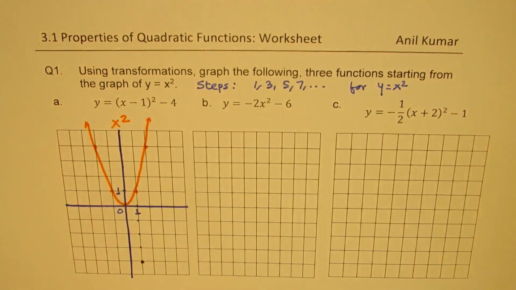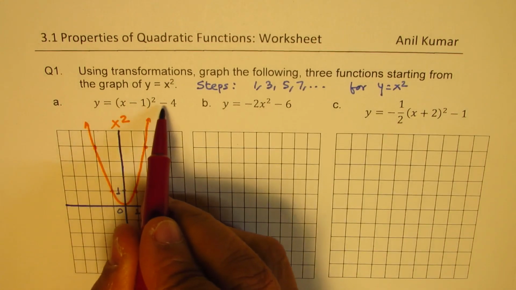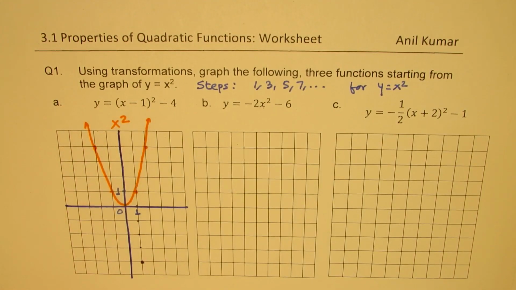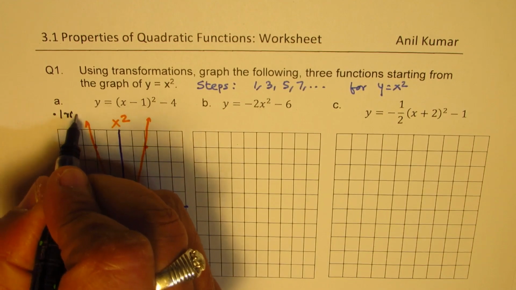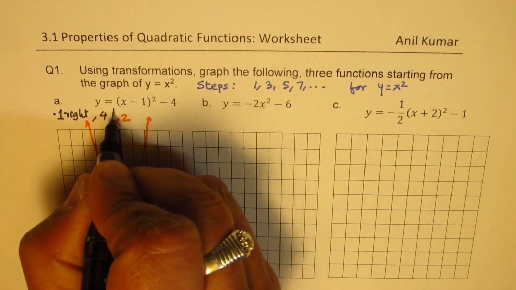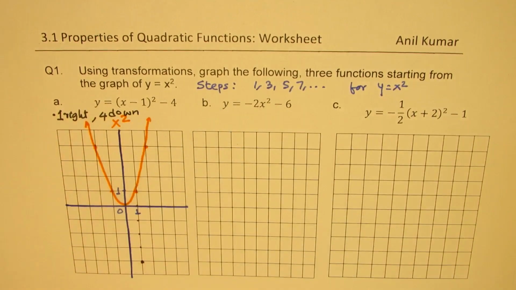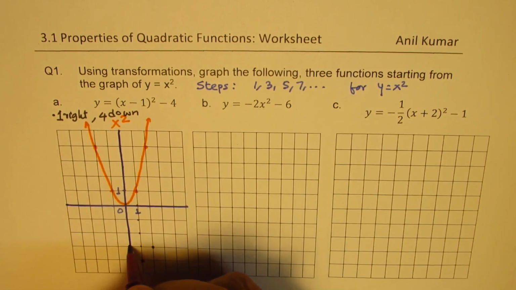Okay. So now we can say, well, every point is translated 1 unit right, 4 down, right? So let me write down here the translation, which is 1 right and 4 down. Correct.